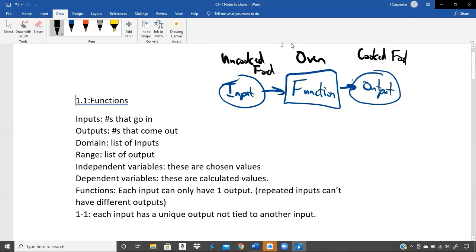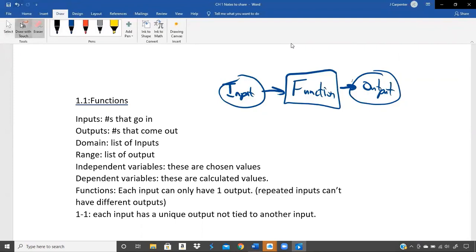So there are all types of functions in the world, but what we're going to be dealing with generally is Excel. Or just mathematical functions in general. So we put numbers into Excel, and we let Excel do those calculations for us.